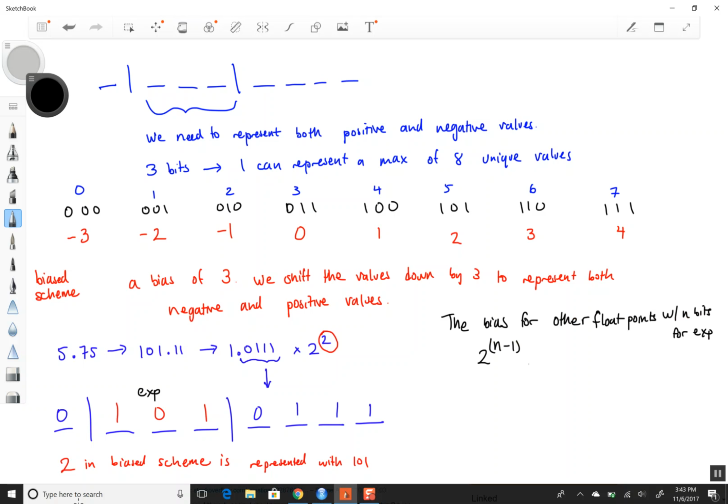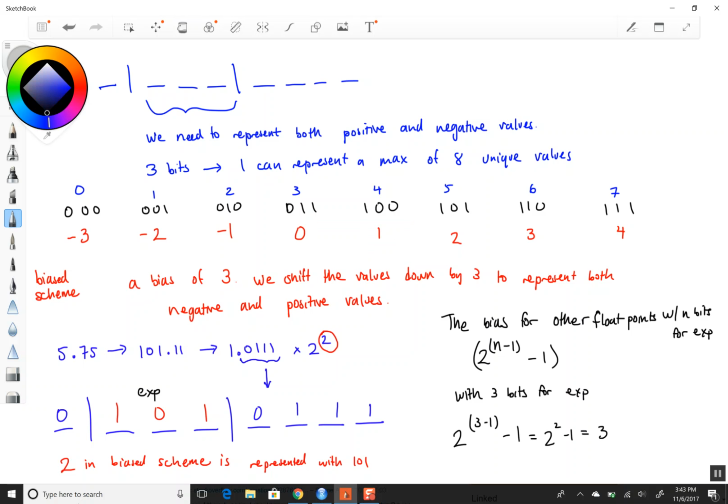With 3 bits for the exponent, we have 2 to the 3 minus 1, minus 1. So this is 2 squared minus 1, which is 3. That's our bias here. In double floating point, we have 11 bits for the exponent. So what is our bias there?